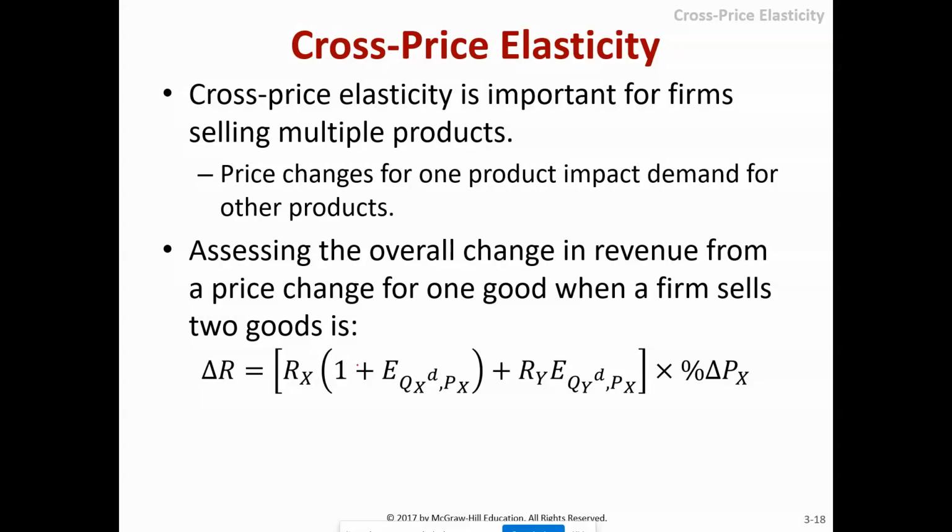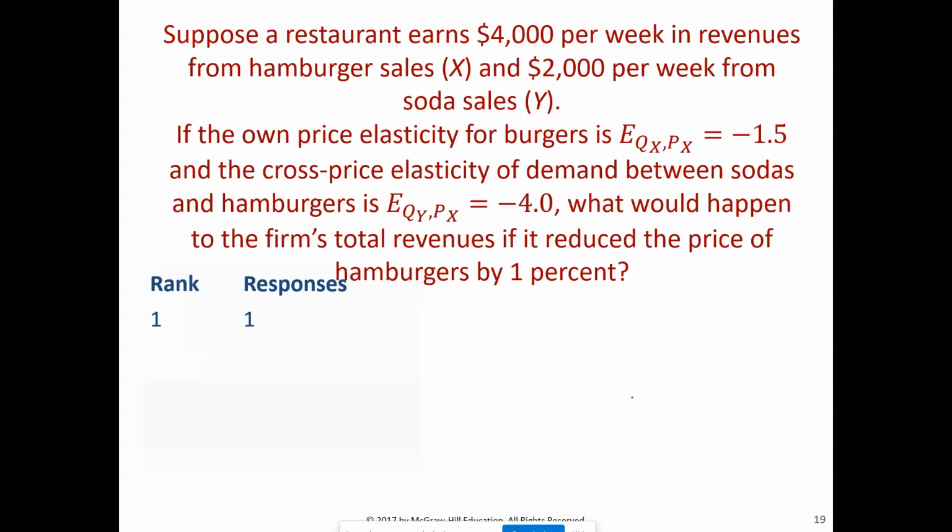It is the revenue of X multiplied by 1 plus the own price elasticity. So price changes, how does the quantity of X change? Plus, how does that influence the related products? Like if soda price increases, how does it change the revenue for sandwiches? It is the revenue of Y multiplied by the cross-price elasticity of how quantity demanded of Y changes with respect to the change of price of X.